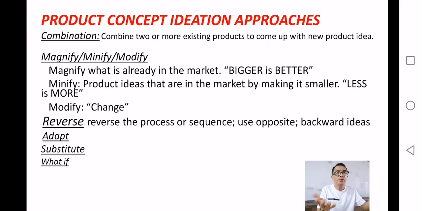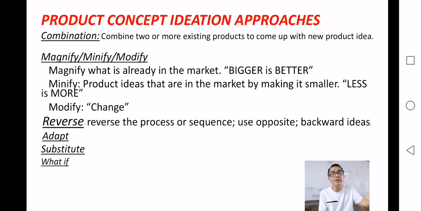Okay? So instead of a medicine that must be taken during lunchtime, another manufacturer introduces the same medicine, same generic name, but different brand name, but this time the medicine can be taken during the evening, something like that.